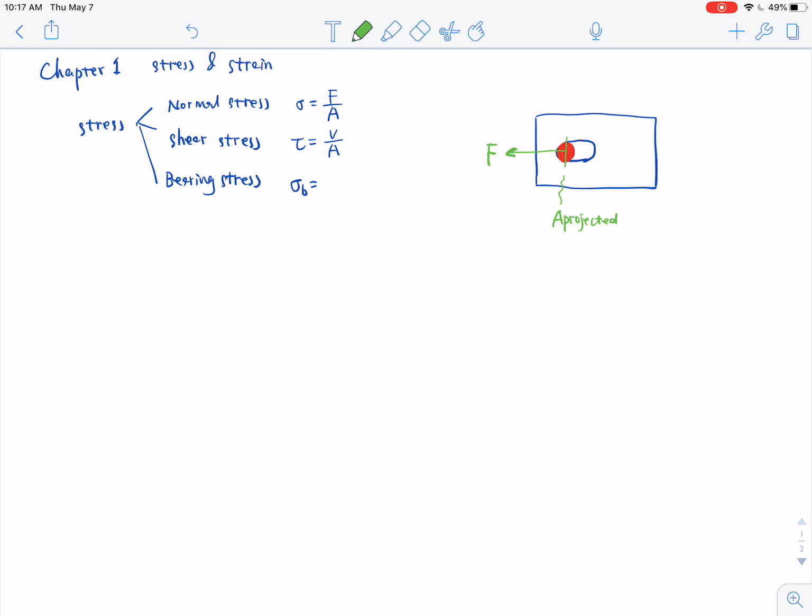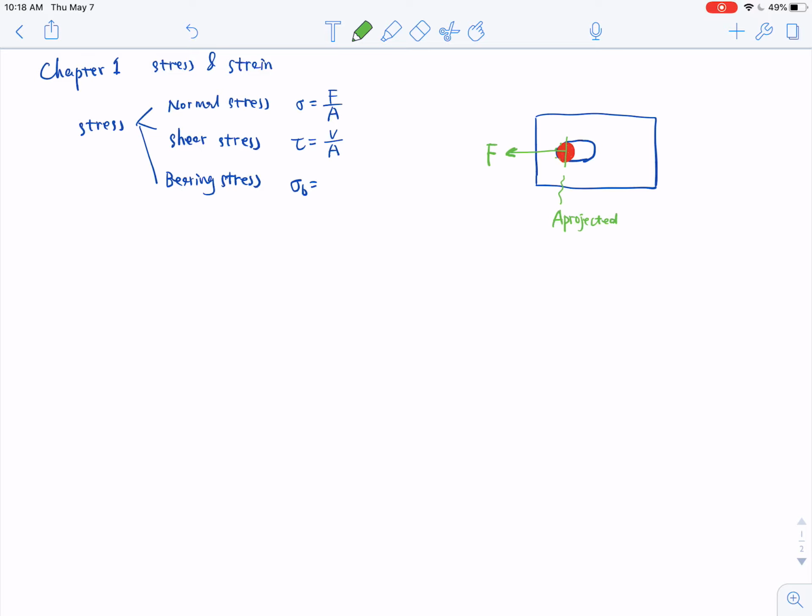Strictly speaking, at different points on the interface, you have different stress values and even directions. But here we do not think about it in that scientific way. We just think about it in the engineering way. We simplify it and only consider the projected area to calculate the effective bearing stress.